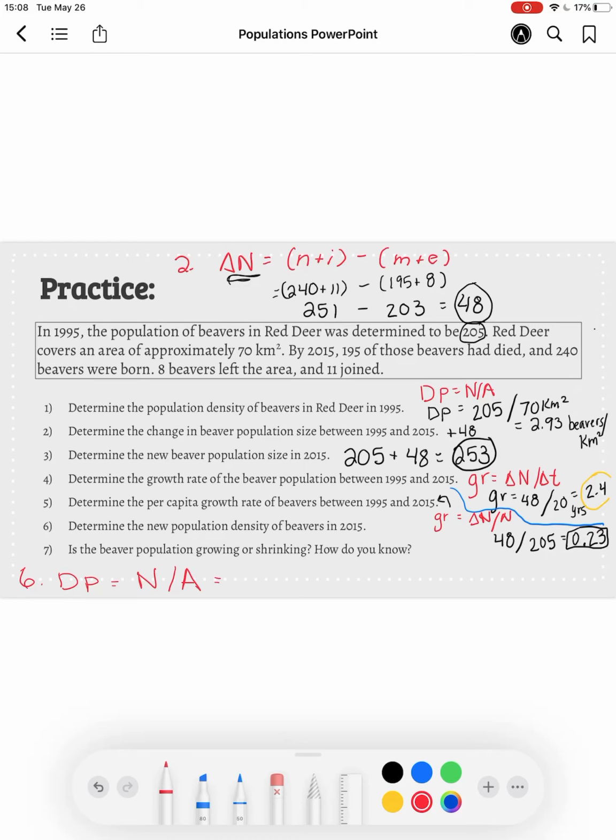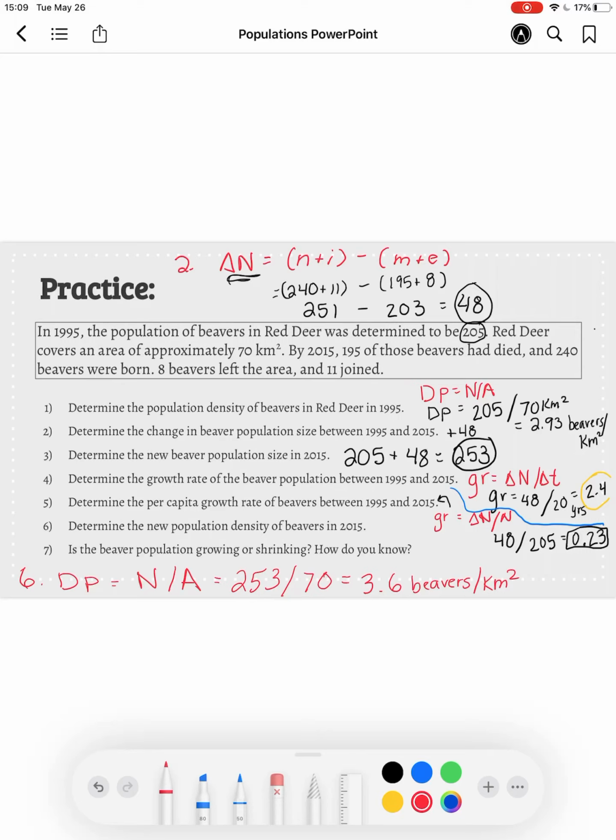Well, our new population size is 253 in 2015, divided by our area, which is 70. So it's going to be slightly more dense. Our population density is 3.6 beavers per kilometer squared. So in 1995, we had 2.9 beavers in every kilometer squared.